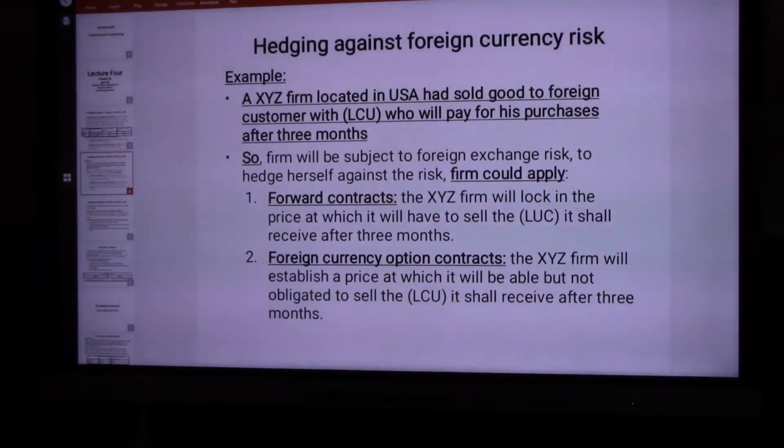Second option is called the option contract. Okay? In this case, XYZ will establish a price at which it will be able but not obligated to sell. يبقى هنتفق بس هنعمل estimation وهنتفق as an optional process. يعني نفس الكلام في الاوبشن كونتراكت زي الفورورد كونتراكت، بس الاختلاف في حاجه.